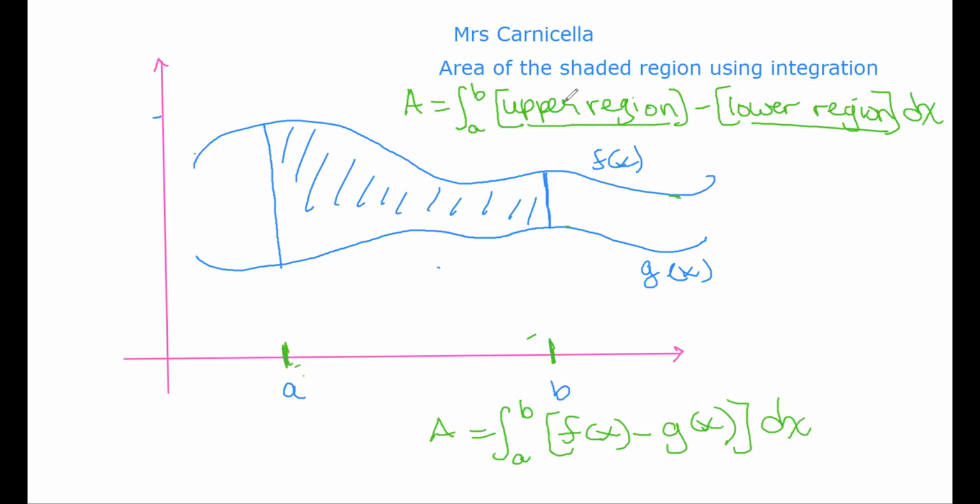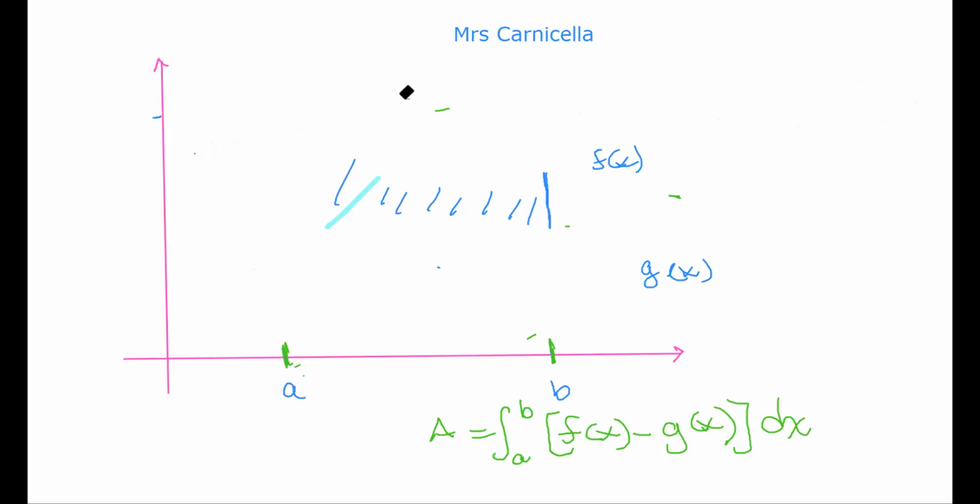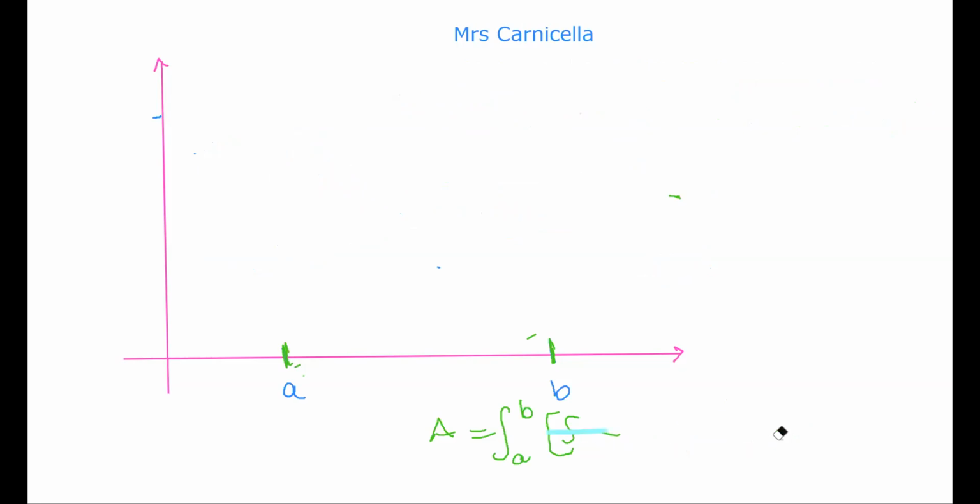And if you have this in terms of y, you're going to have to change things up. In this case, what you would have is g of y and f of y. So that means we're talking about points on the y-axis being where you're going from.